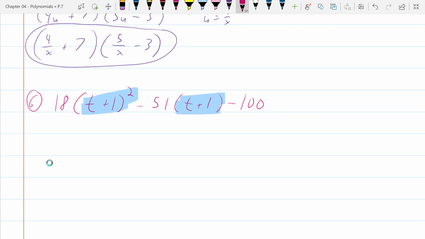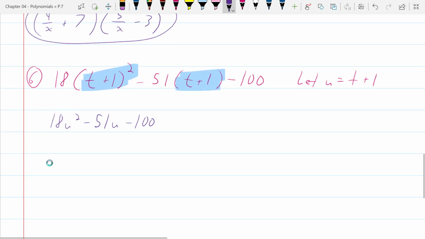So I could do another let here. I could let u equal t plus 1. That way, what I really have is an 18u squared minus a 51u minus 100.